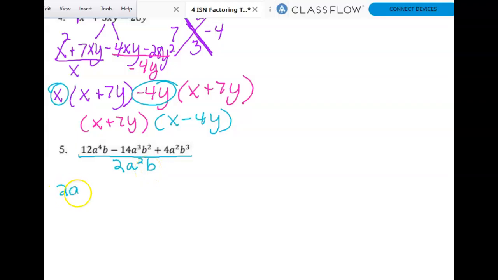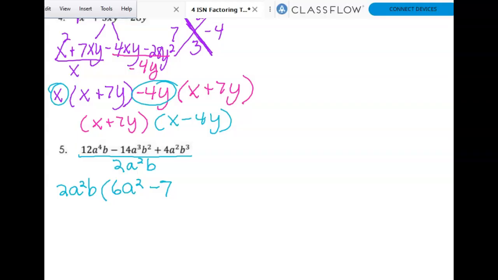So I'm going to have 2a squared b times 12 divided by 2 is going to give me 6. I have 4 a's and 2 on bottom. So that gives me a squared. And what happens to the b? All right, it cancels. Then I get 14 divided by 2 is 7.